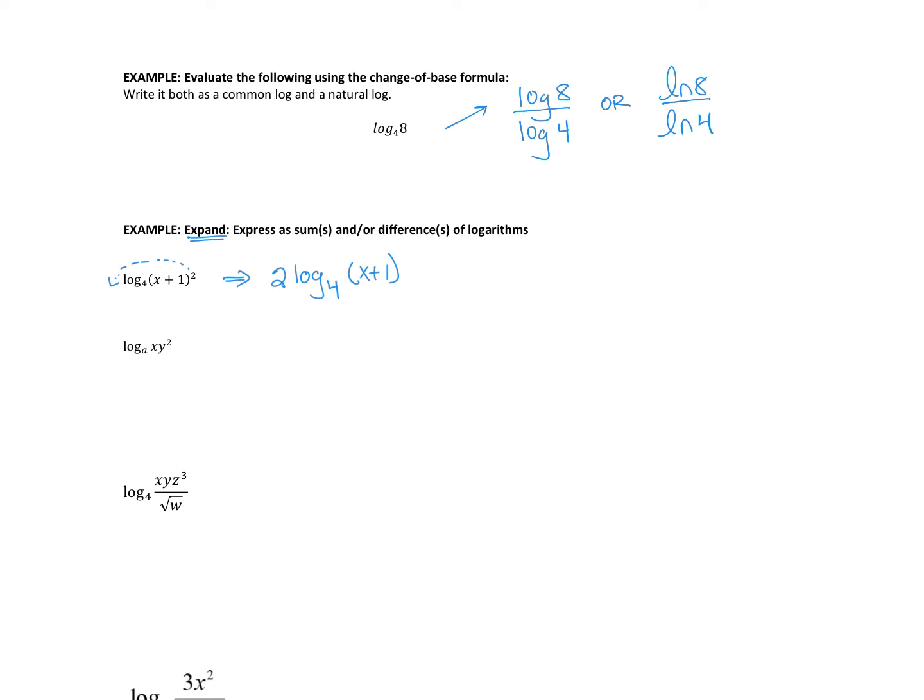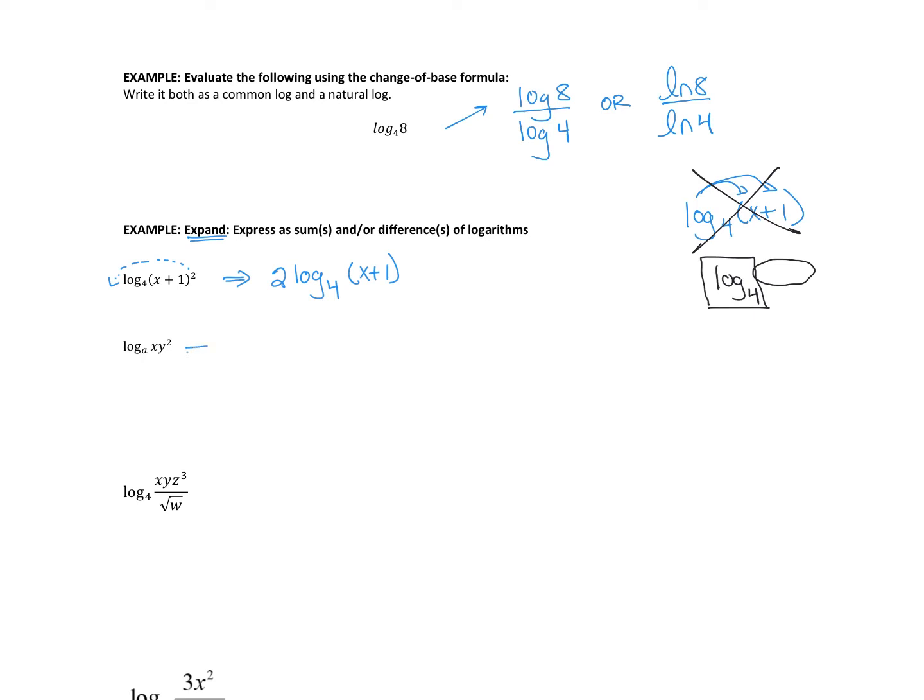So you'll notice on the previous page, one of the common errors is that people will take a log base 4 for something like this, and they'll try to distribute that log base 4. We would never do that because log with a base of 4 by itself isn't anything. You have to have an argument here. So it doesn't make any sense to take this as its own entity and distribute.